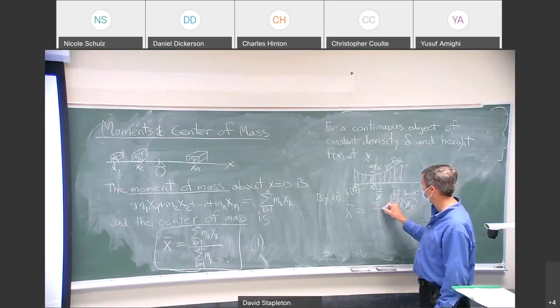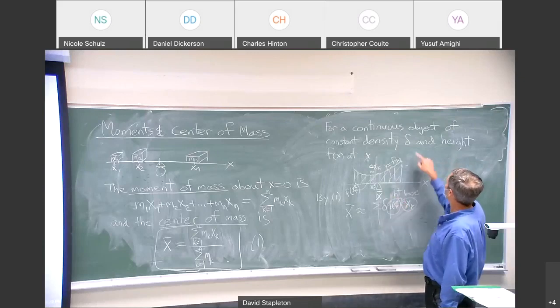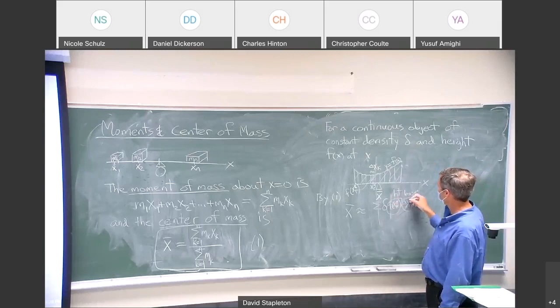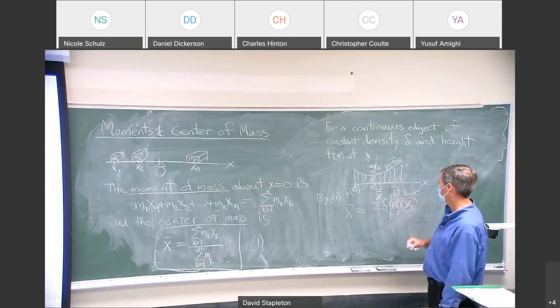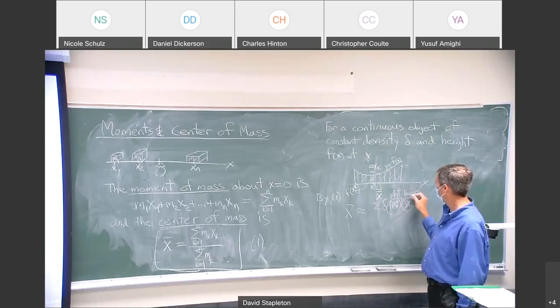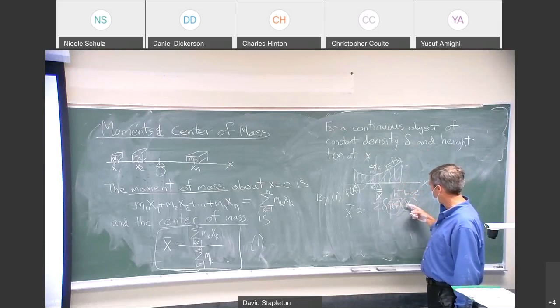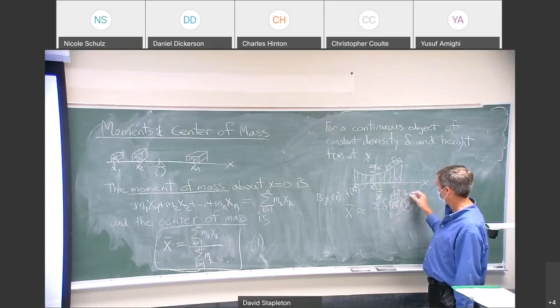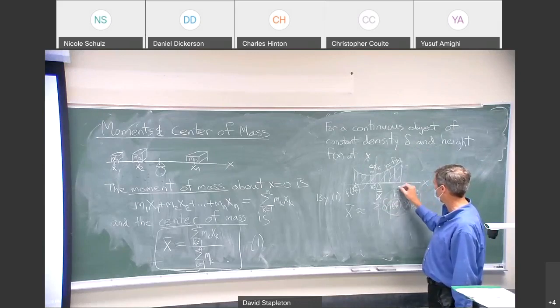So you multiply by delta, the density. So density delta times the area of the little rectangle gives you the mass of the kth piece.